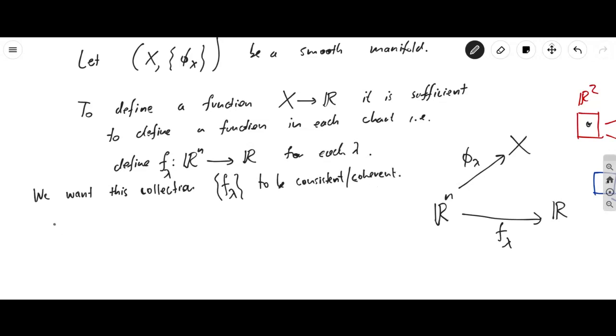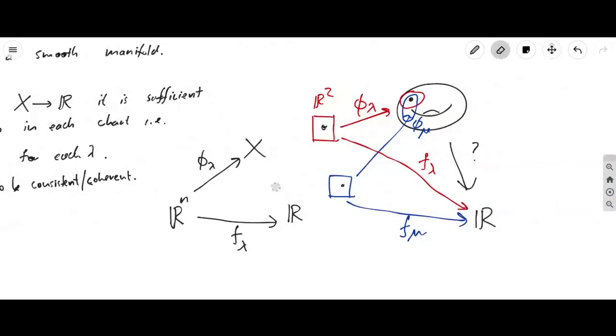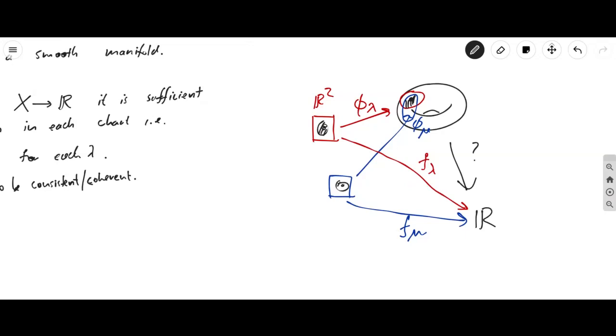So what do we mean? Here's what it means. The place where they intersect, here are the open sets where they intersect.